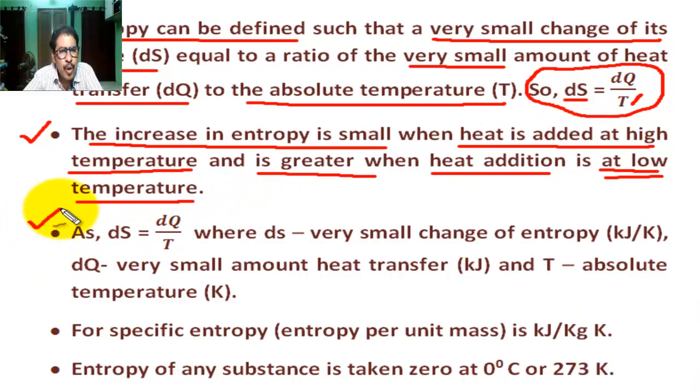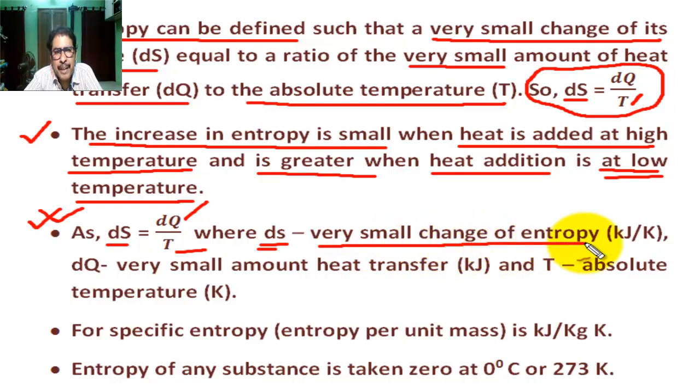Now, the unit of entropy. As dS equals dq by capital T, where dS is a very small change of entropy, it is denoted by kilojoule per Kelvin.